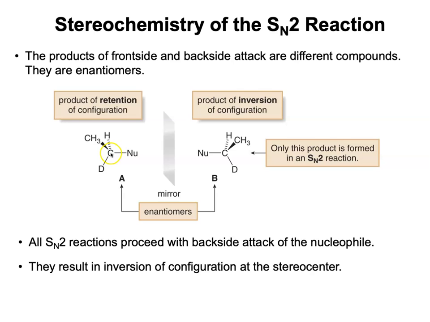And for the case of an SN2 reaction, there is the possibility of the retention or the inversion of stereochemistry. And because of the nature of the SN2 reaction, that is the backside attack of the nucleophile, SN2 reactions always do involve the inversion of the configuration at the stereocenter.